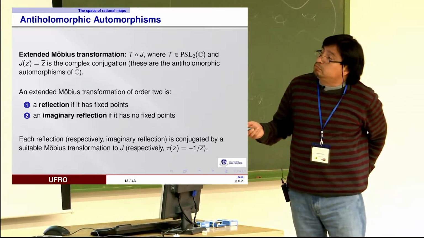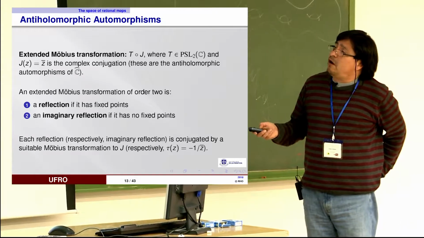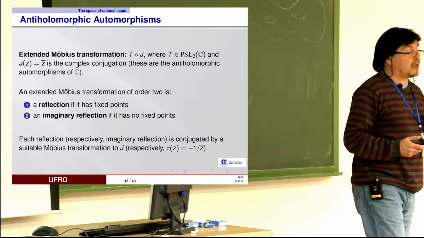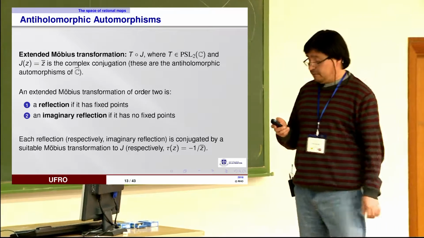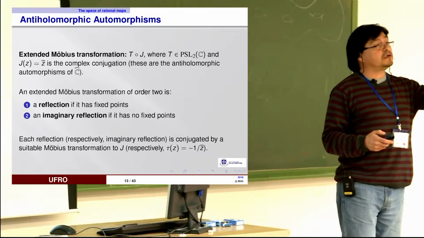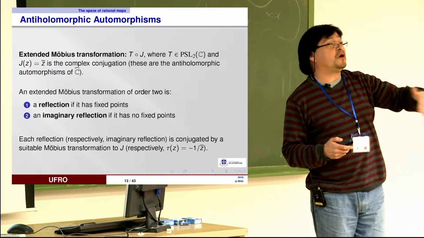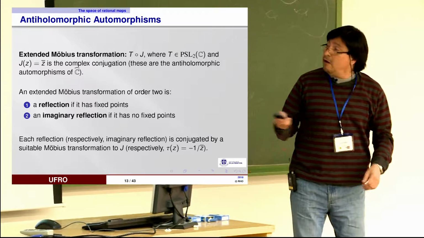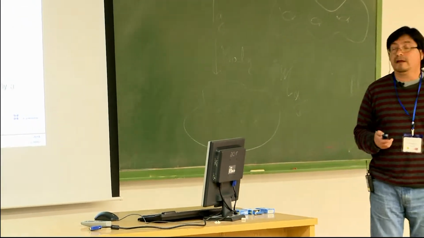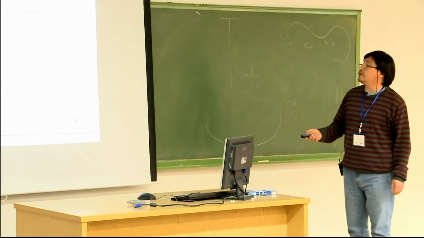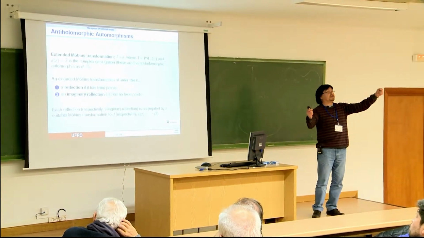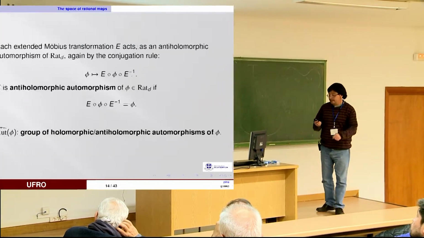I want to mention now only two of them for the moment, the involutions. An extended Möbius transformation of order 2 comes in two flavors. Either it is a reflection, so it has fixed points, a circle in the Riemann sphere, or it is an imaginary reflection, which has no fixed points at all in the Riemann sphere. This last one is conjugate to the reflection in the unit circle rotated by 180 degrees.